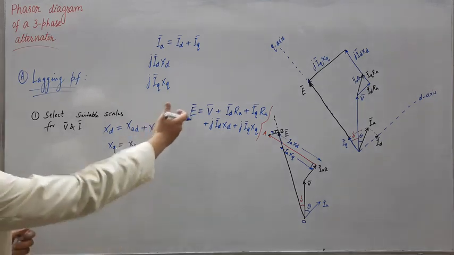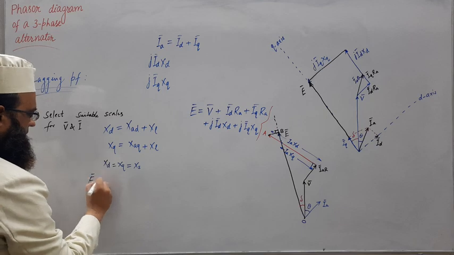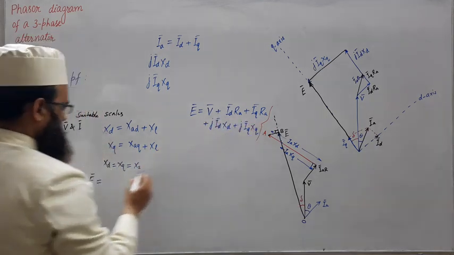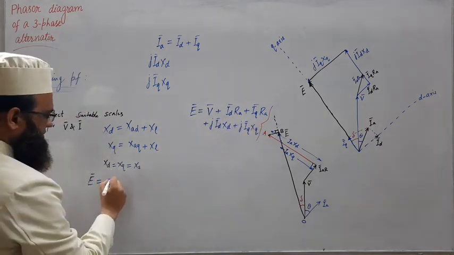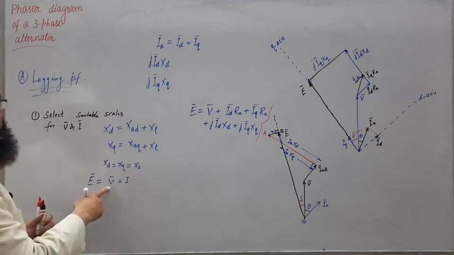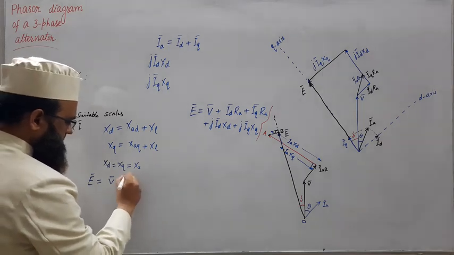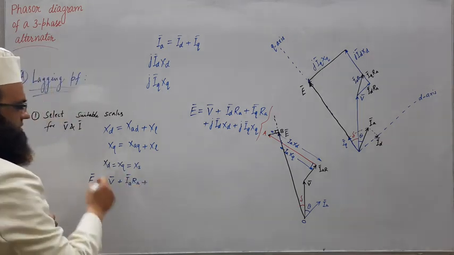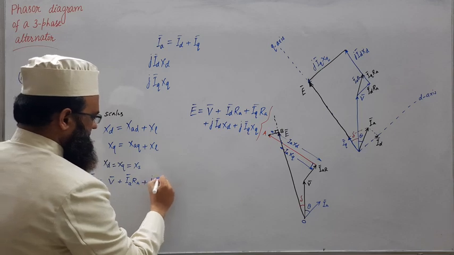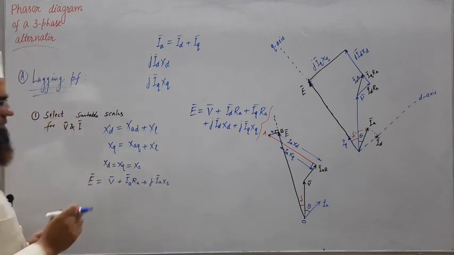So directly this equation may be written as E is equal to V, per phase terminal voltage, plus IA array plus J times IA XS. Fine.